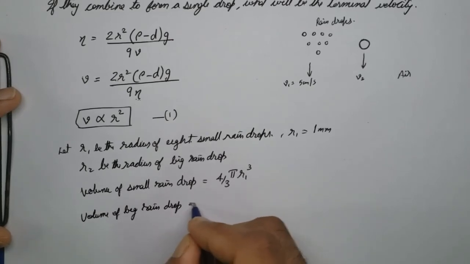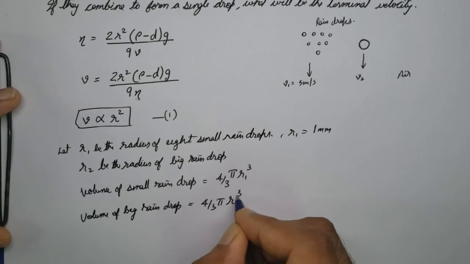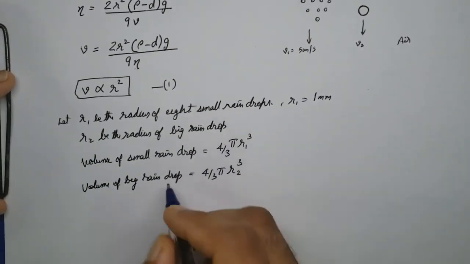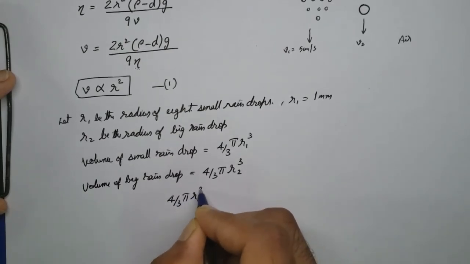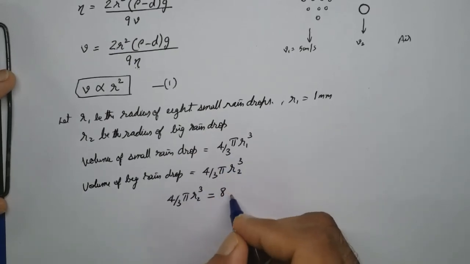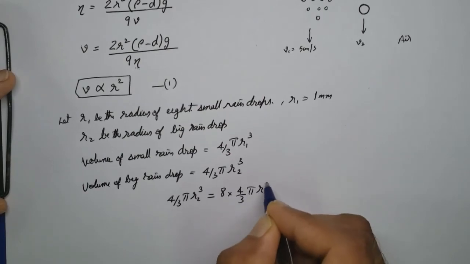That should be equal to 4/3 pi r2 cube. ഈ രണ്ട് വോളിയം എങ്ങനെ റിലേറ്റ് ചെയ്തിട്ടുള്ളത്? We know that 4/3 pi r2 cube is equal to, 8 ഡ്രോപ്ലെറ്റ്സ് കൂടിയിട്ടാണ് ഈ ഒരു ഡ്രോപ്ലെറ്റ്, so that is going to be 8 times 4/3 pi r1 cube.